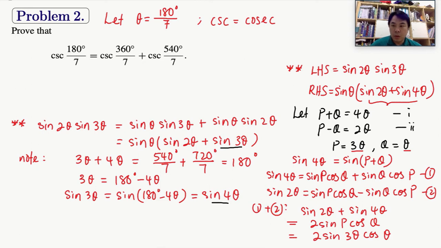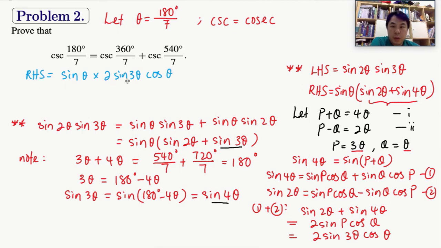Now I'm going to erase this section so that I can work with this. I'm going to write at this section so it's easier to retain the rest of the information here. Now we are at this point. We have proven the summations of this. Therefore, from here, my right hand side is the same as sine theta multiplied by 2 sine 3 theta cosine theta.